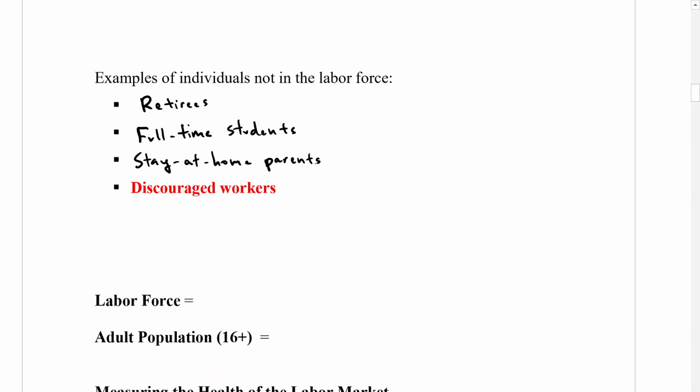For example, some people who are disabled or handicapped may not fit into either category, so they may be out of the labor force. Sort of vagabonds or homeless or people who are maybe taking a gap year or something like that. Those people, if they're not looking for work, they're not considered unemployed. And then finally, this last important category are what we call discouraged workers.